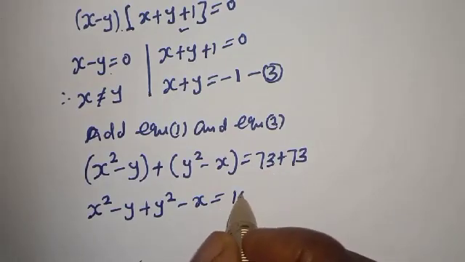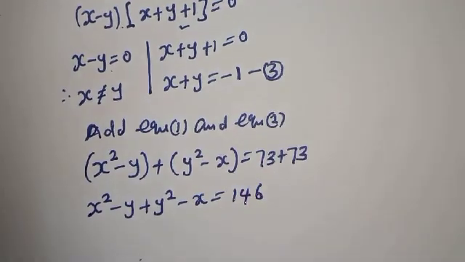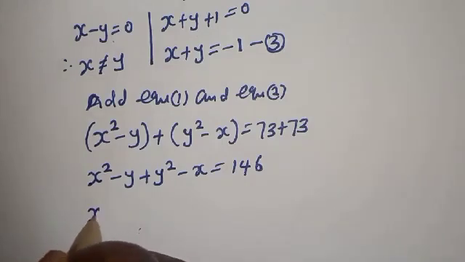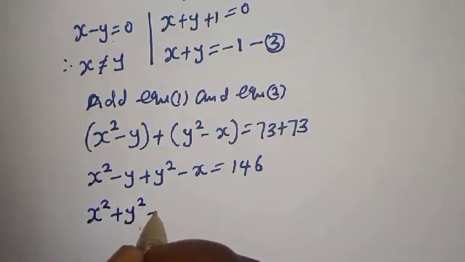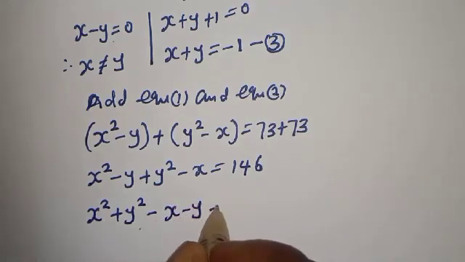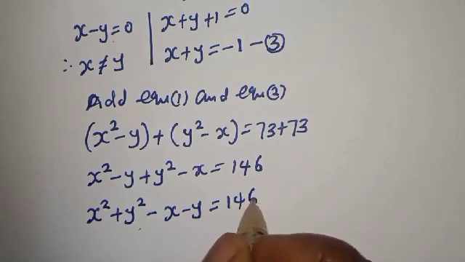That is 146. Then this is x squared plus y squared minus x minus y is equal to 146.